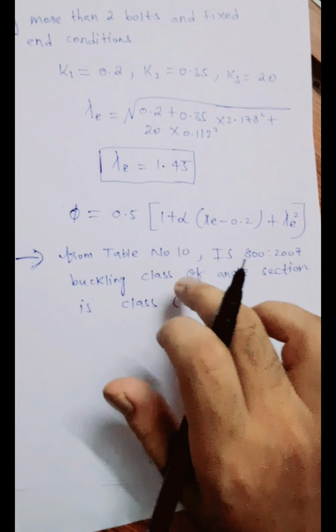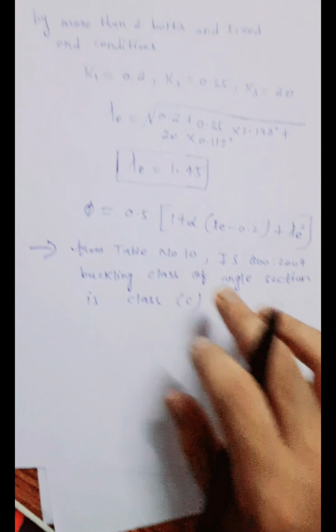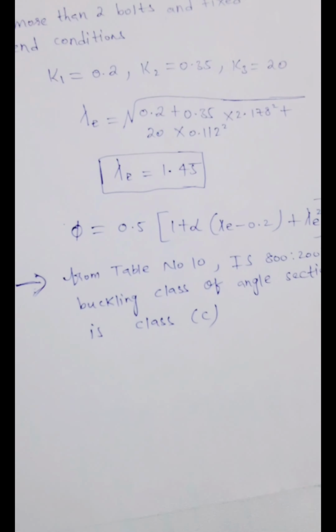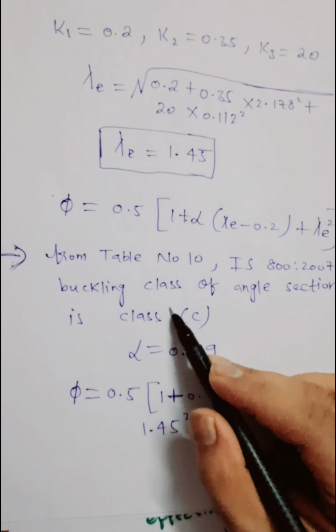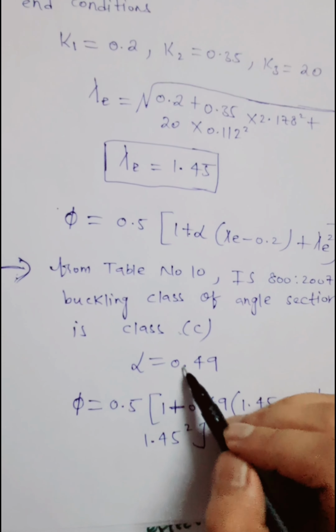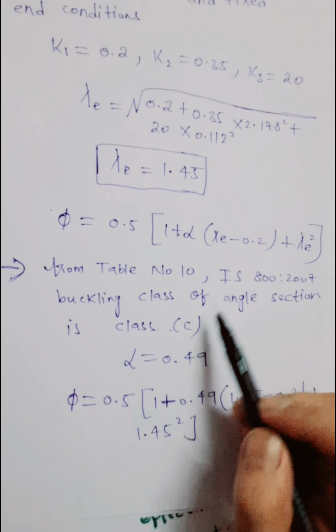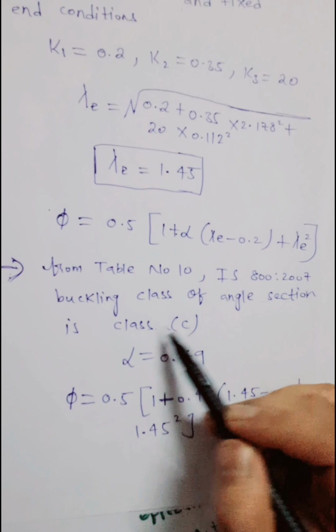Just follow the procedure I'm teaching here. For buckling class C, we find alpha is equal to 0.49 from Table 10 of IS 800:2007 for angle sections.